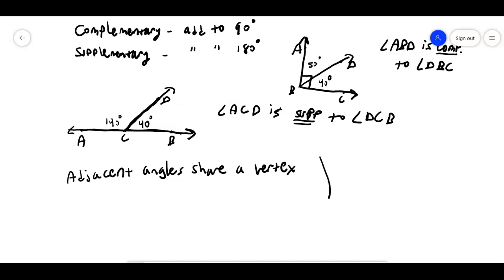Okay, so for example, this angle here is adjacent. I don't know what the degrees would be, but those two are called adjacent. They would share this vertex right here. Okay, so they're basically just right next to each other.